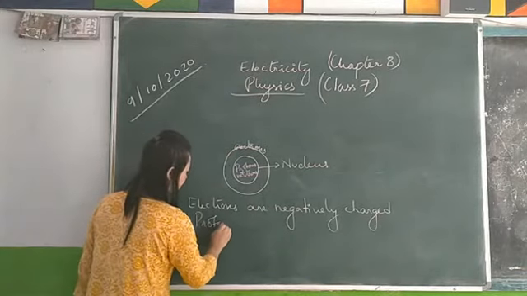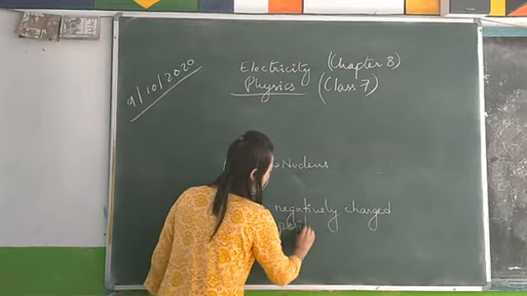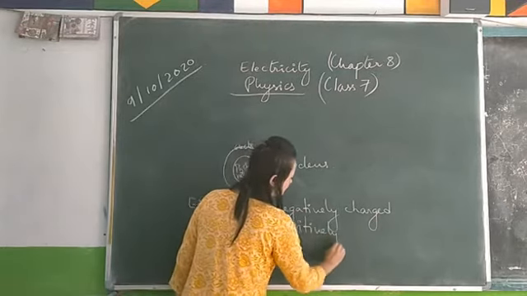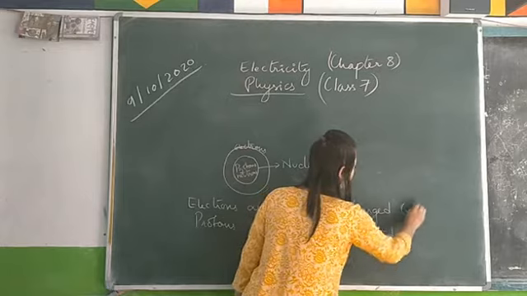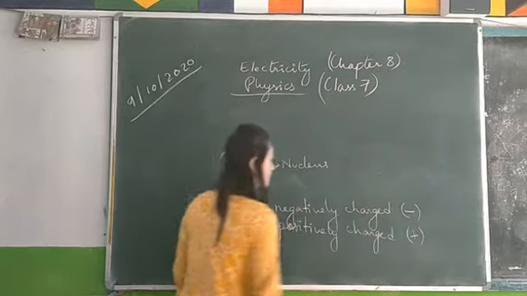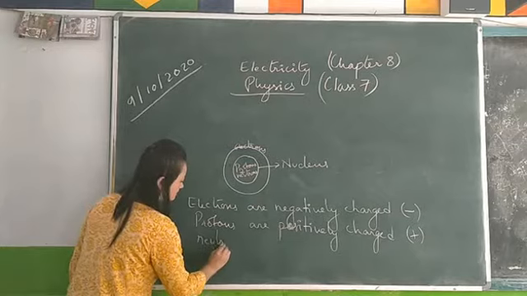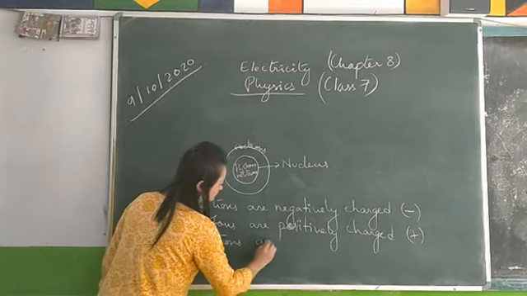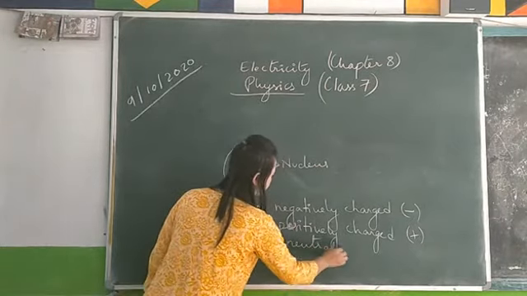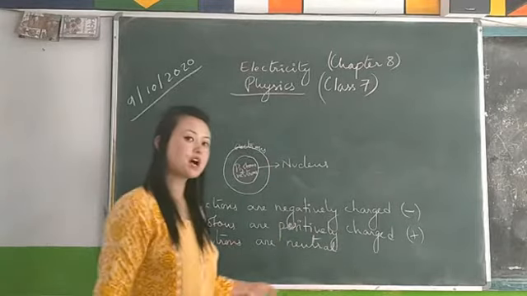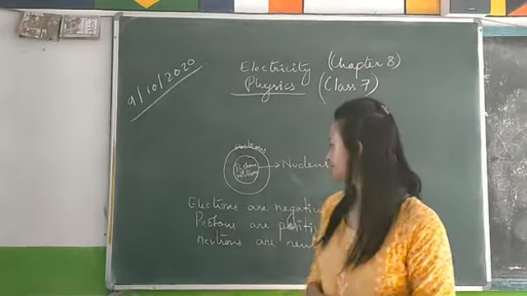Protons are positively charged, which means the charge of protons is positive, and neutrons are neutral, which means they are neither positive nor negative.